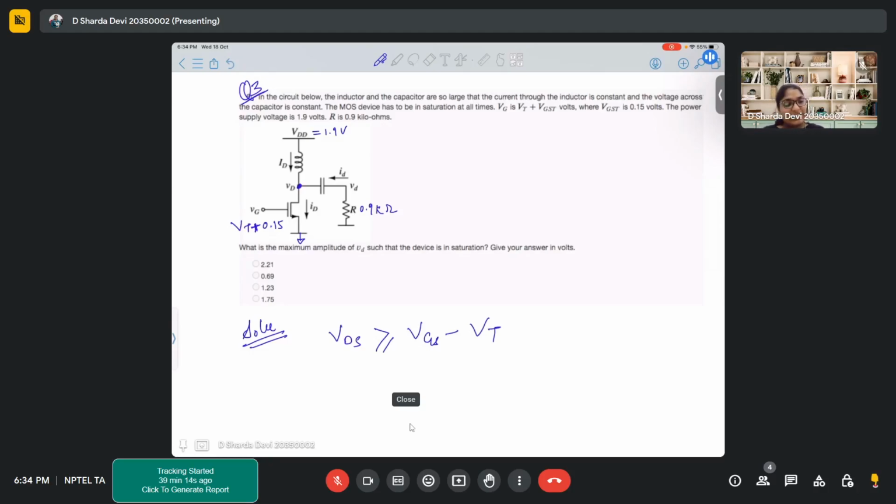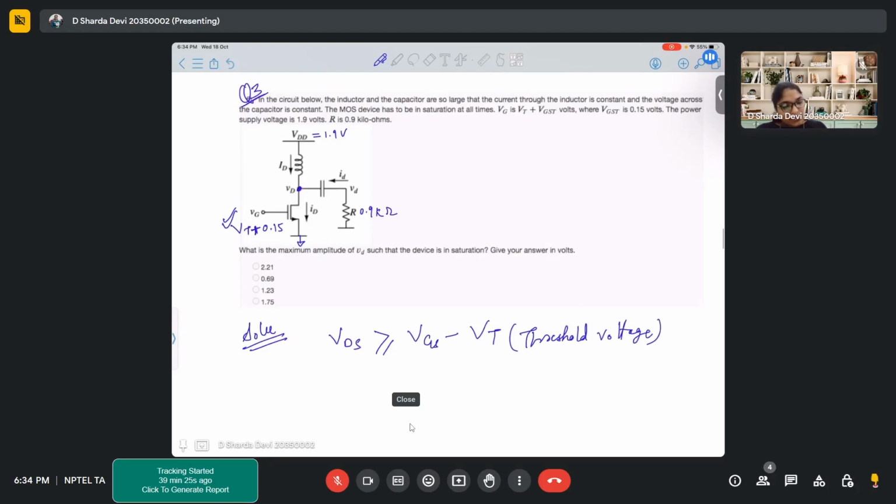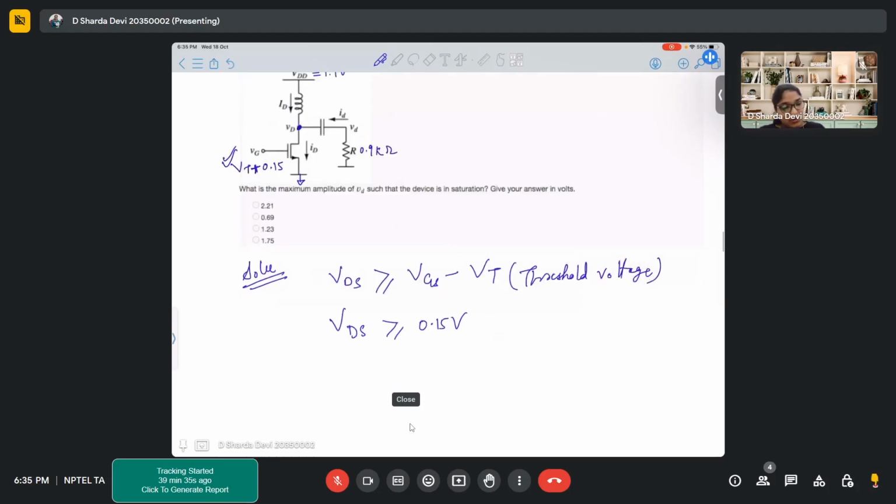And here this VT is the threshold voltage, same as this VT. So your VDS should always be greater than or equal to 0.15 volts. So the minimum VDS value can be 0.15 volt for saturation.